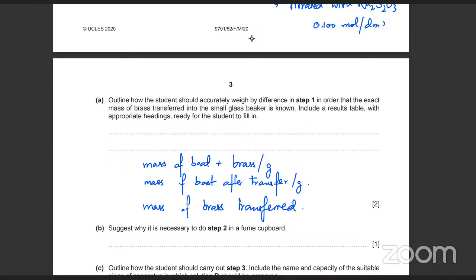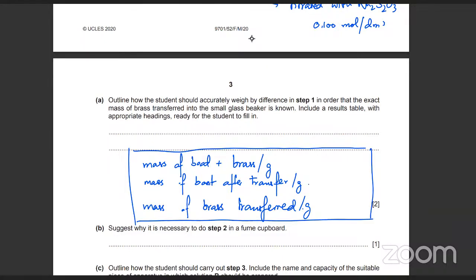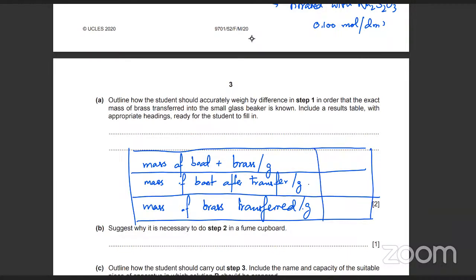So make lines, draw a table, and over here the mass would be in grams. This will be mass quoted in grams. The heading will be on top of that, not over here.